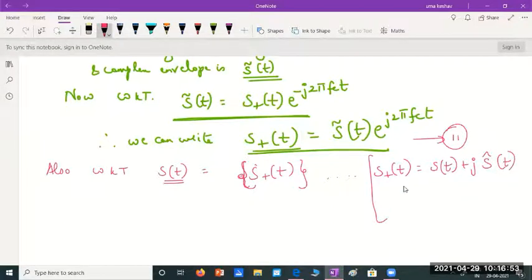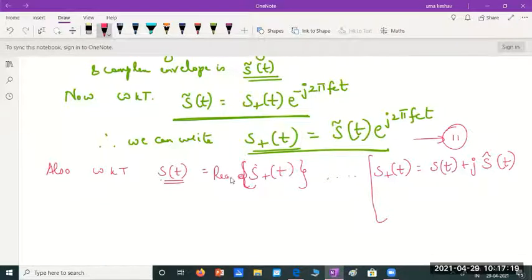The representation of a given bandpass signal as a pre-envelope is a complex valued signal. So its value is S of t plus j times S cap of t. What would S of t be given S plus of t?